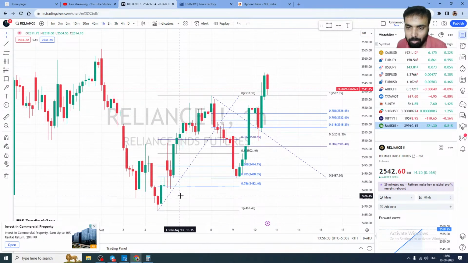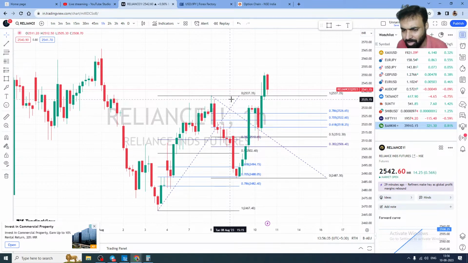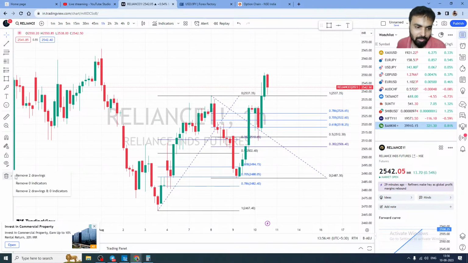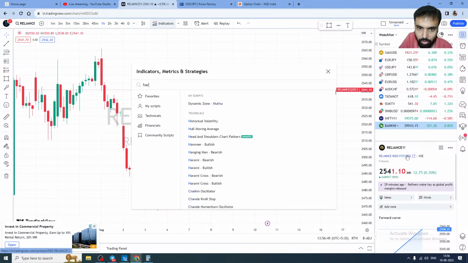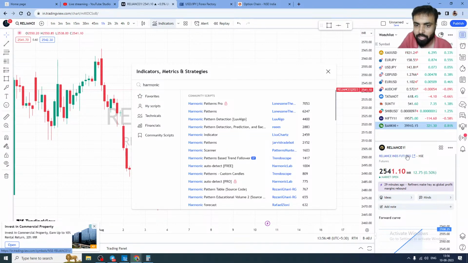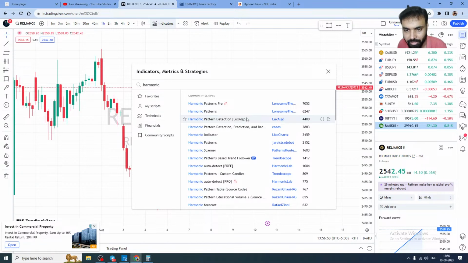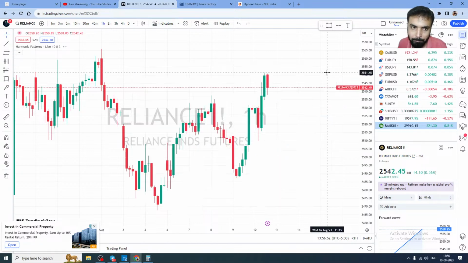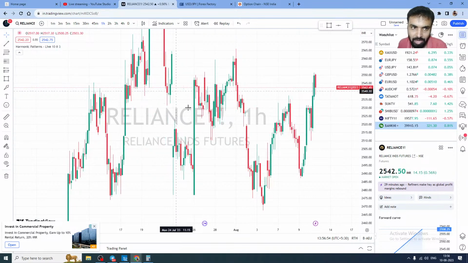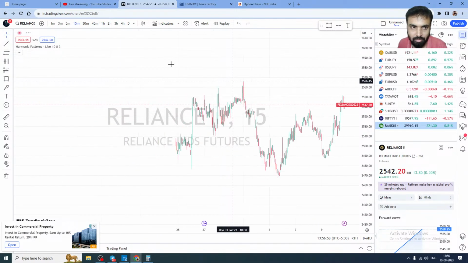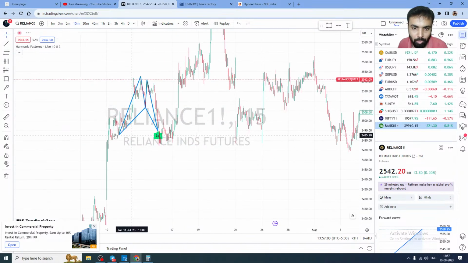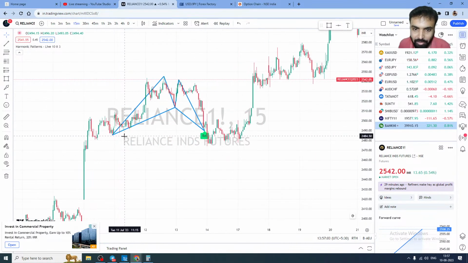Okay, so what is the point here? This is like some harmonic levels. They are saying harmonic levels, harmonic pattern. If you just go here, maybe if I delete the indicators here, just search harmonic pattern. Click indicators, and you will see some random harmonic pattern, maybe on a 15 minute time frame. Can you see the harmonic pattern? This is called a harmonic pattern.